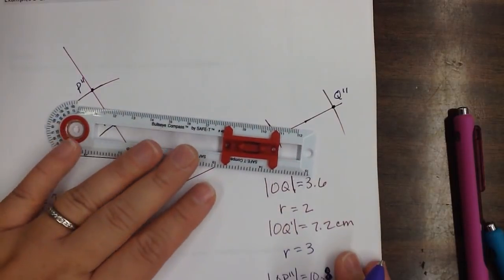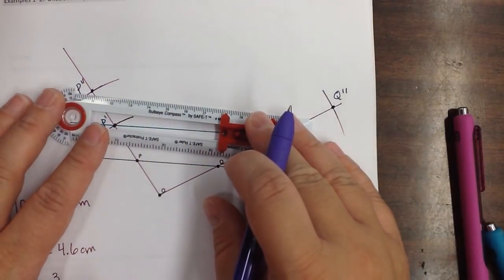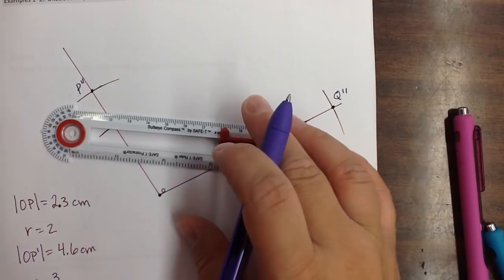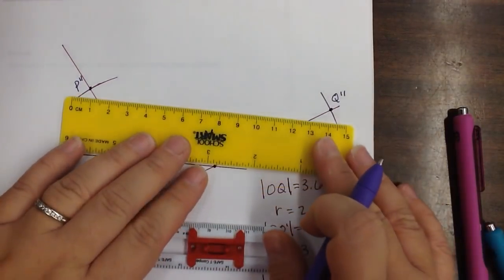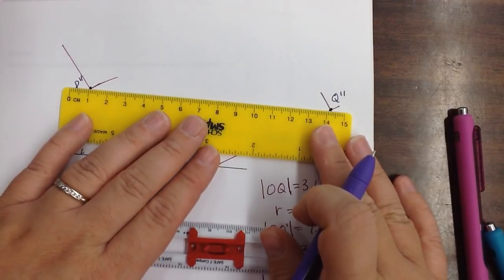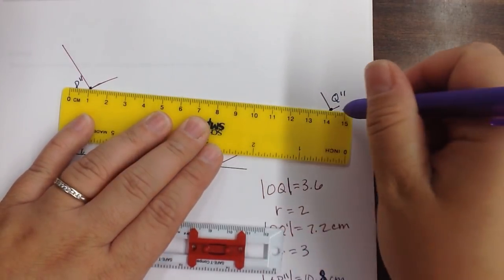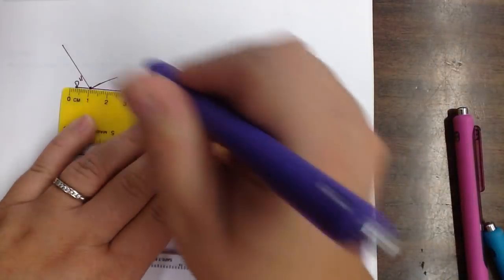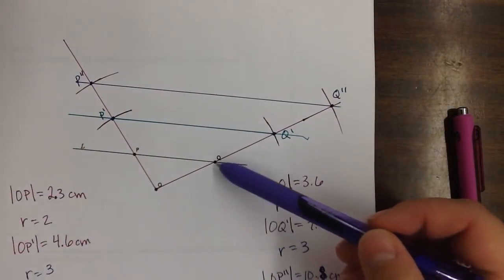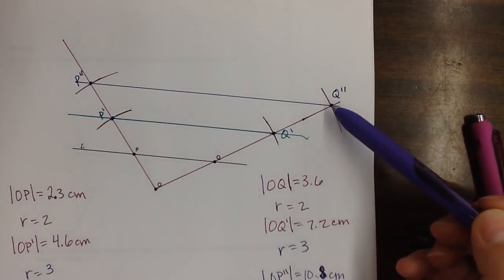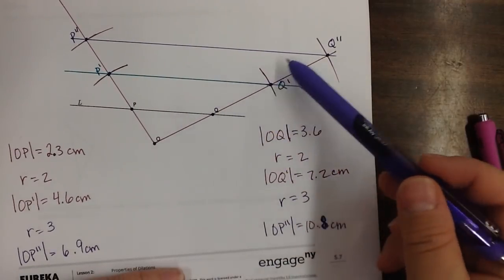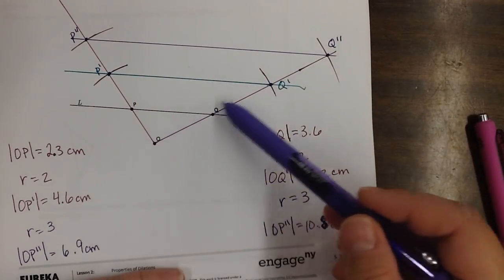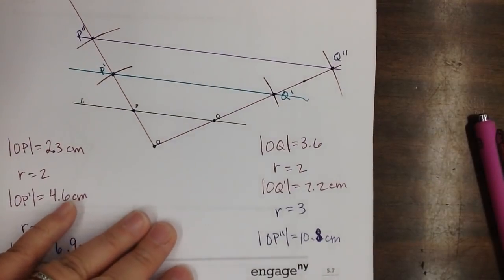Okay, and then we just use a straight edge to connect them. So this is what it looks like with a scale factor of 2, and this is what it looks like with a scale factor of 3. We're just moving further away from the center. Okay.